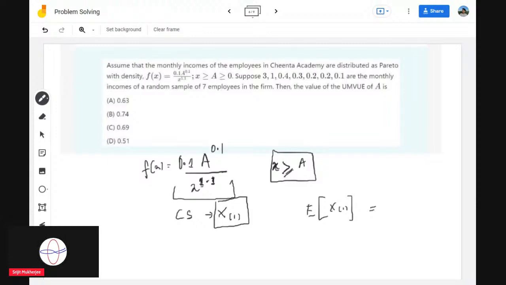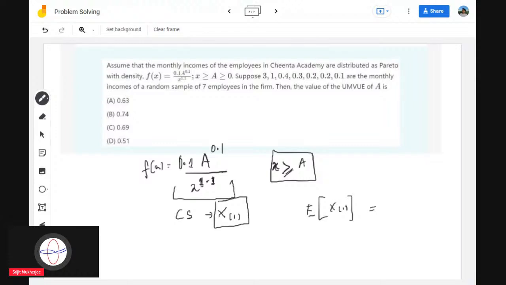But I think, oh, did I make some mistake? Yeah, please. It is not it. Okay, so he is telling that maybe the Pareto distribution's expectation is a problem.